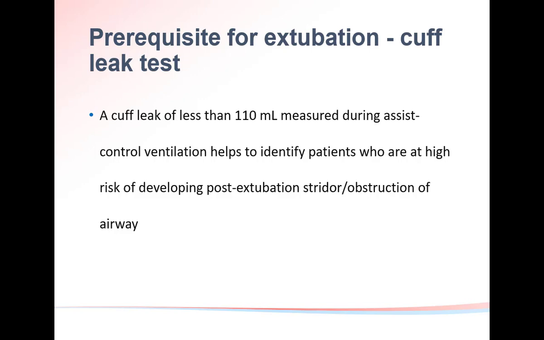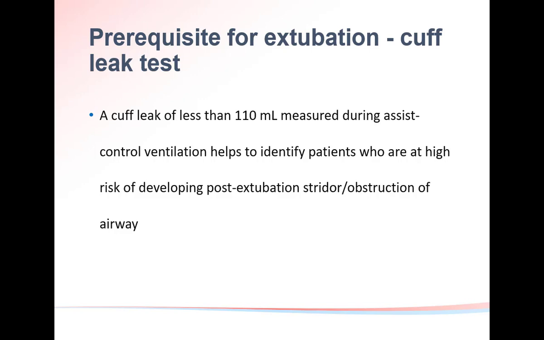Then there are certain tests also suggested. What is it? Cuff leak test. In the cuff leak test, you put the patient on assist volume control and see the inspiratory tidal volume and expiratory tidal volume. If you deflate the cuff, there should be some leakage of air, so the expiratory tidal volume should be less.